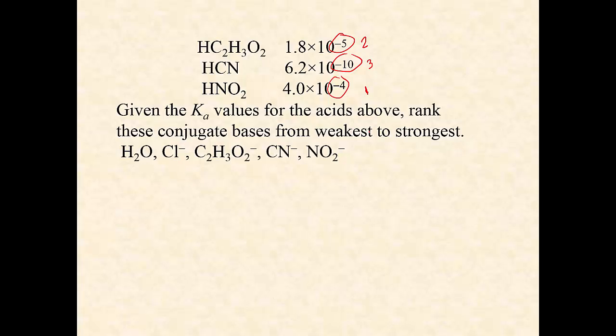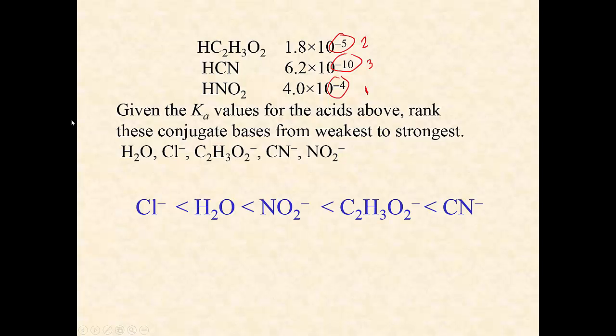Okay, but let's look down here. The conjugate bases. So we first know the chloride because this came from HCl, which is a very, very, very strong acid. This came from H3O+. That's why it was next. Then we ranked these as the weakest.